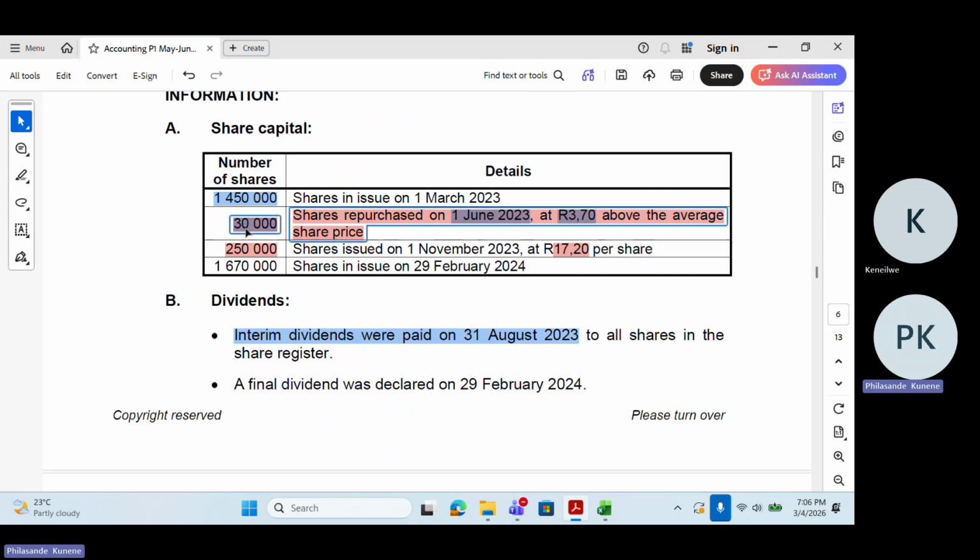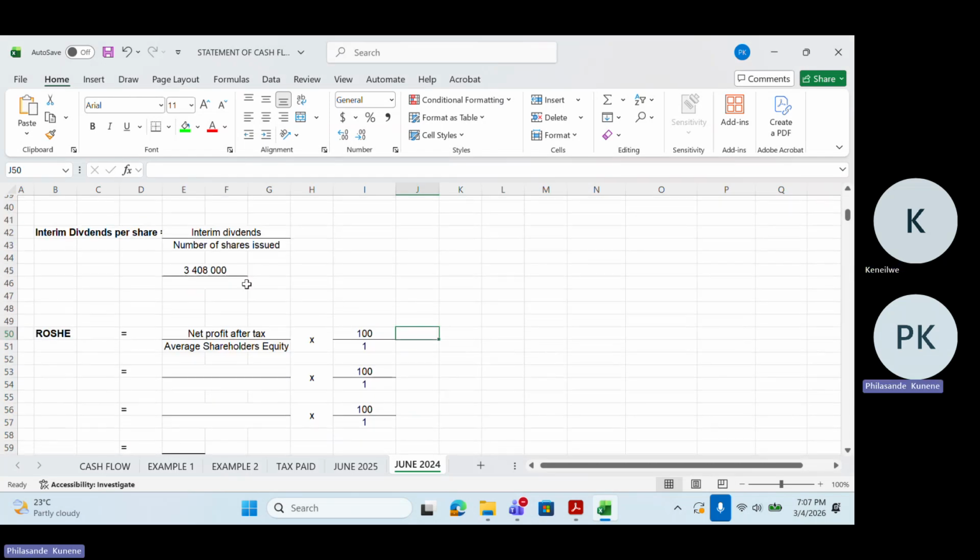So how many shares will qualify? It's going to be 1,450,000 minus 30,000. How many shares are we left with? 1,420,000 shares. Exactly, it's going to be 1,420,000 shares. Then how much are we going to get as my interim dividends per share?